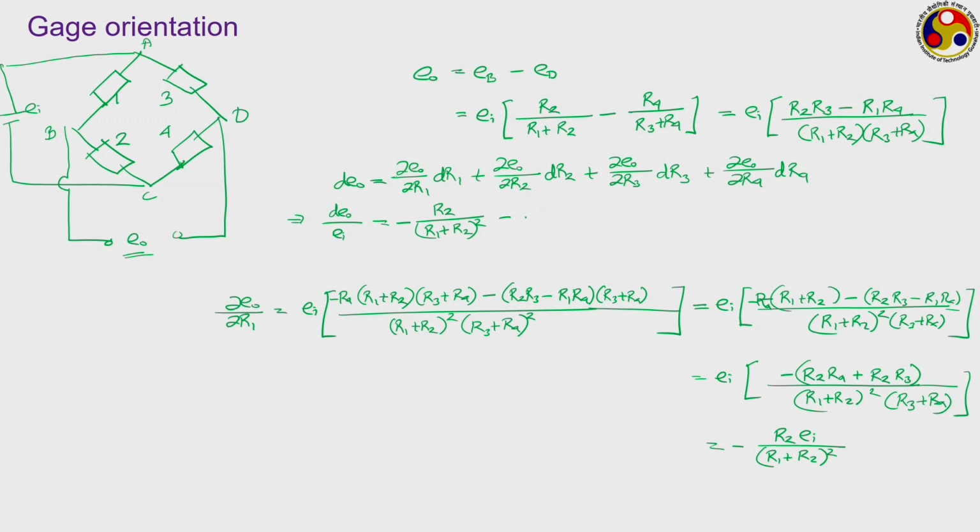So, it becomes minus R1 by R1 plus R2 whole square dR1, this is dR2, minus R4 dR3 by R3 plus R4 whole square plus R3 dR4 by R3 plus R4 whole square.